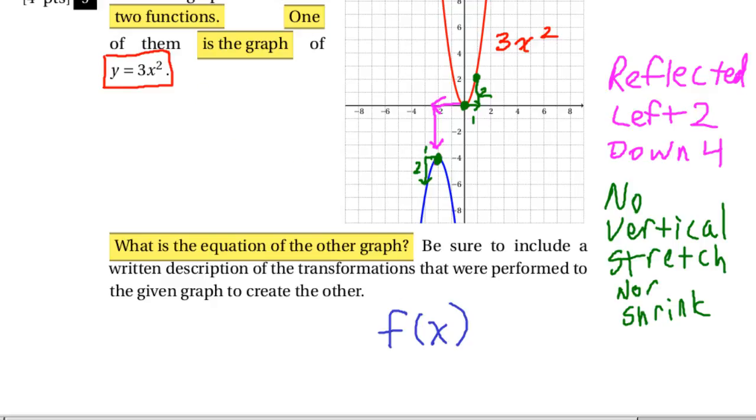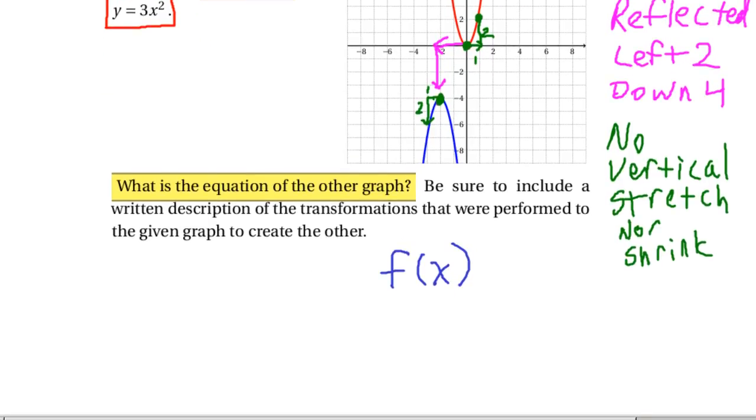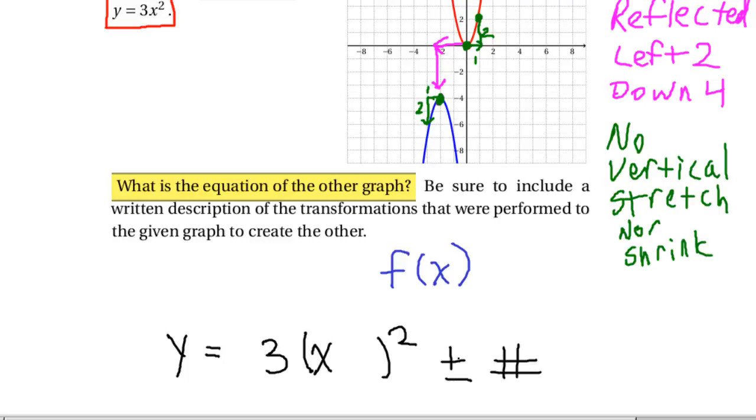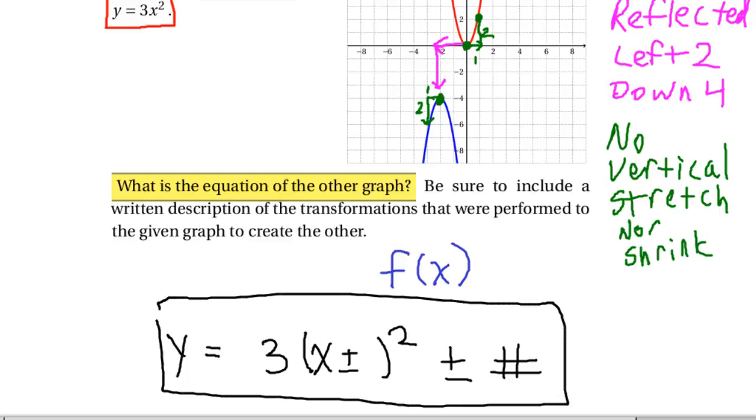But remember, your final equation is going to look like y equals and then 3x squared. And yes, you might have some parentheses involved. You might have some pluses or minuses after it with a number over here. You might have a plus or a minus inside of a parenthesis. You will need to figure out what will happen to finish this black equation.